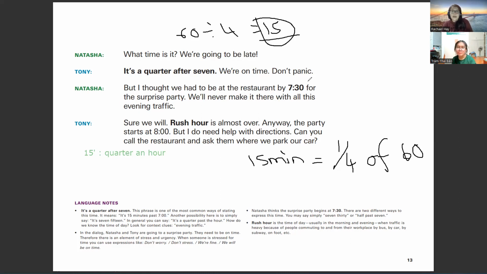When we are talking about a time that somebody has to be somewhere, we're not going to say meet there at quarter past the hour, because quarter past the hour is very vague.